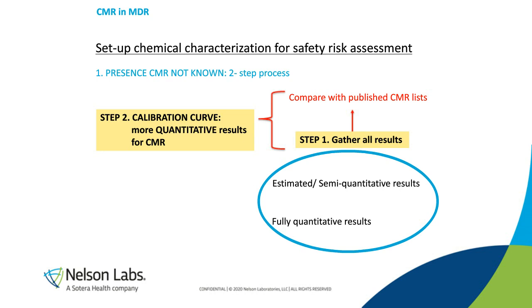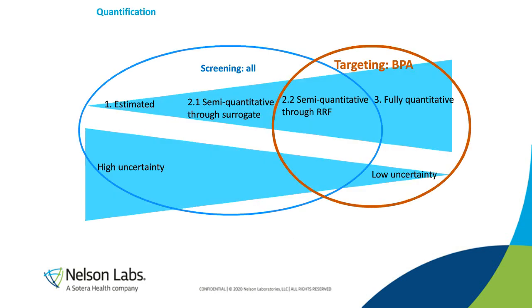Now, this helps you understand the benefits and disadvantages of each of the screening and targeting techniques. When we target something, it is fully quantitative, and that's great. And so we have low uncertainty, but it's obviously just that one compound, so we don't really get an idea of anything else. Where the screening, we have more estimation, there's more uncertainty, but we're able to see through much more of these compounds.